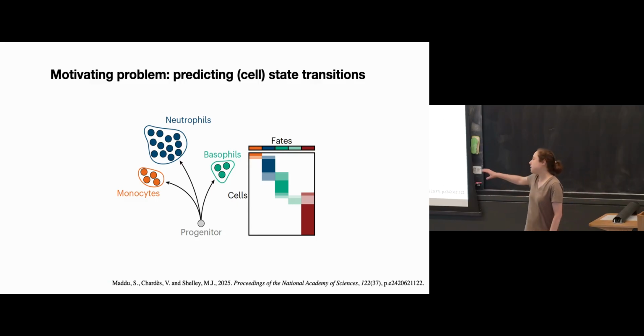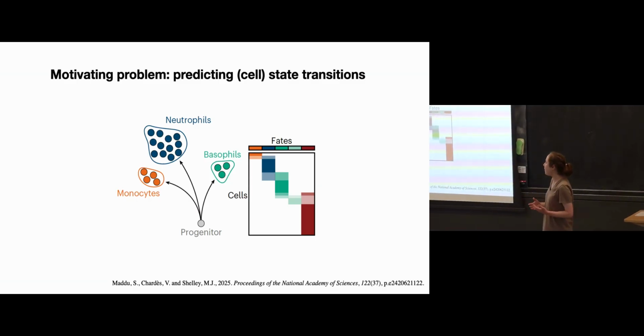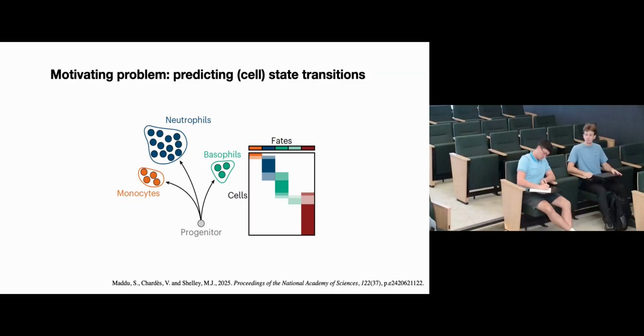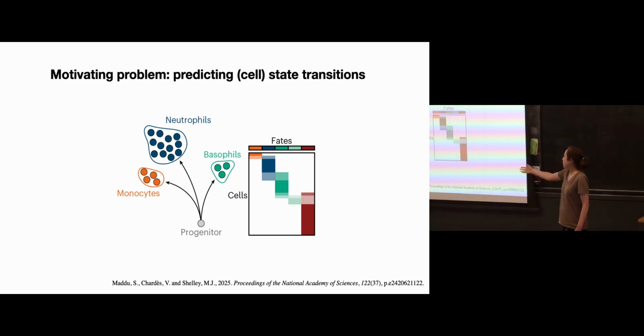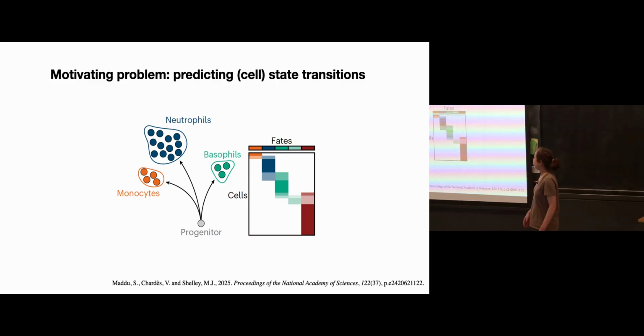So this progenitor still probably has the ability to become other cell types, but based on its initial state, there are biases, and it will undergo a largely autonomous process in which it can differentiate into, in this case of blood cell differentiation, different populations of monocytes, neutrophils, and basophils, for example.